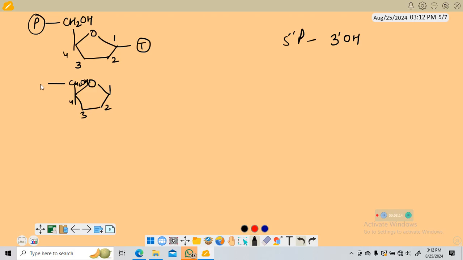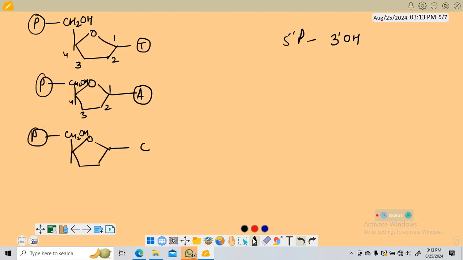CH2OH, then again this phosphate, and let's say here we have adenine. Then again a similar structure. Let's say I have cytosine here, CH2OH, and here I have phosphate. Now I pick up this 5' and this 3'. Here we have OH.